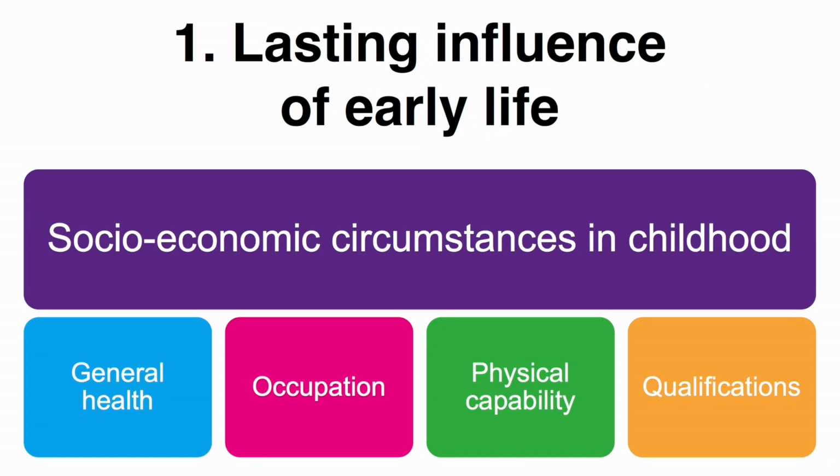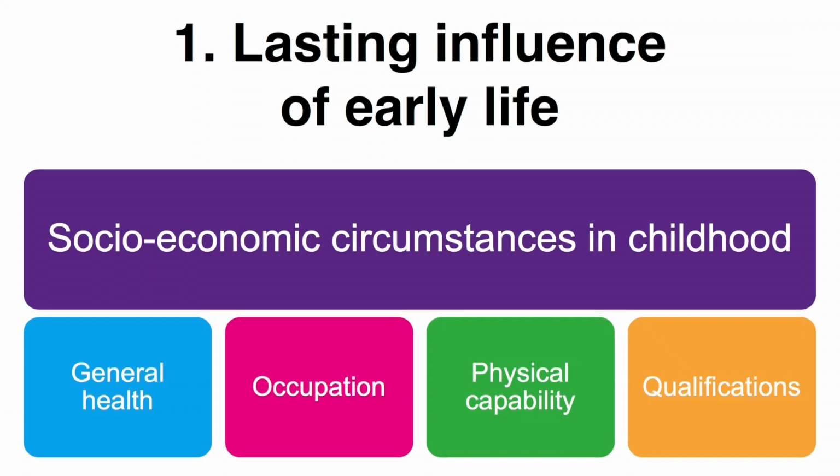So for example, early circumstances impact a lot on an individual's general health and on their health behaviours, so smoking, diet, and exercise, on their later occupation, physical capability as an adult, it has that long-reaching effect, and also on their involvement in education when they leave school, and then of the qualifications that people actually come out with.